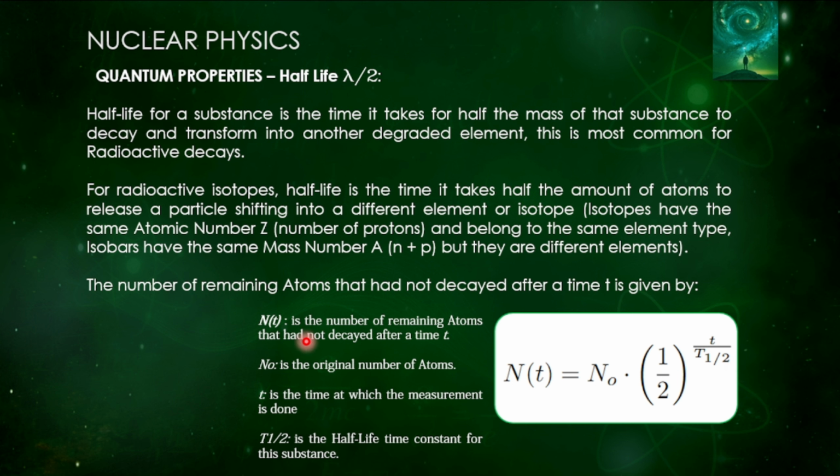So again, N(t) is the number of remaining atoms that had not decayed after a time t. N0 is the original number of atoms. t is the time at which the measurement is taking place. So N is a function of t again. And T1/2 is the half-life time constant for this substance. Of course, it varies from one substance to the other.